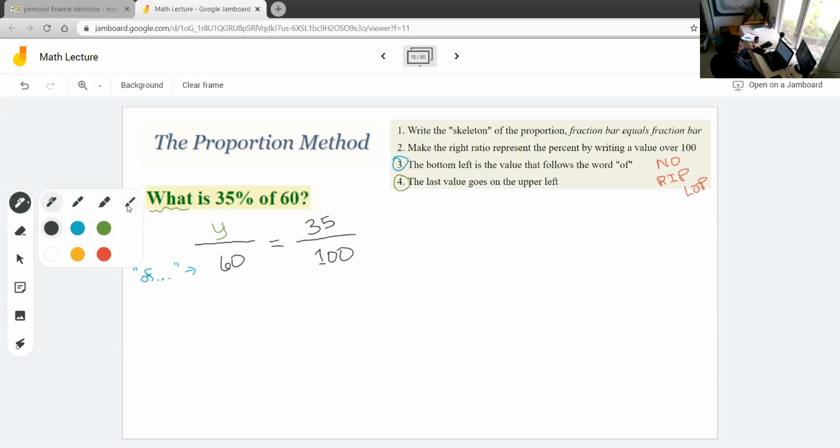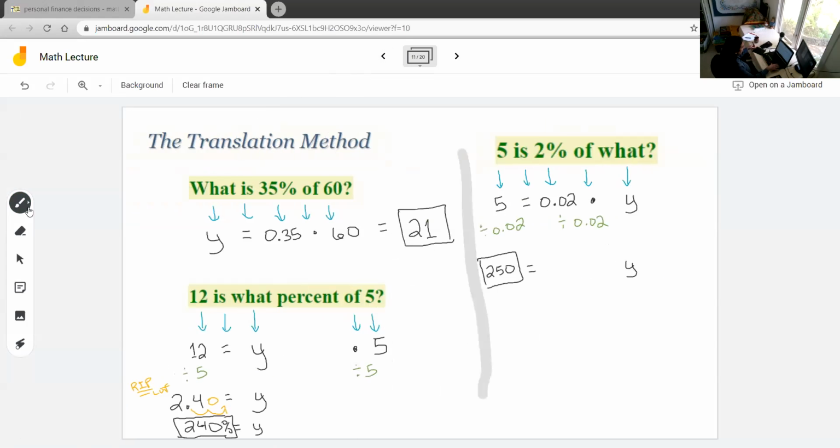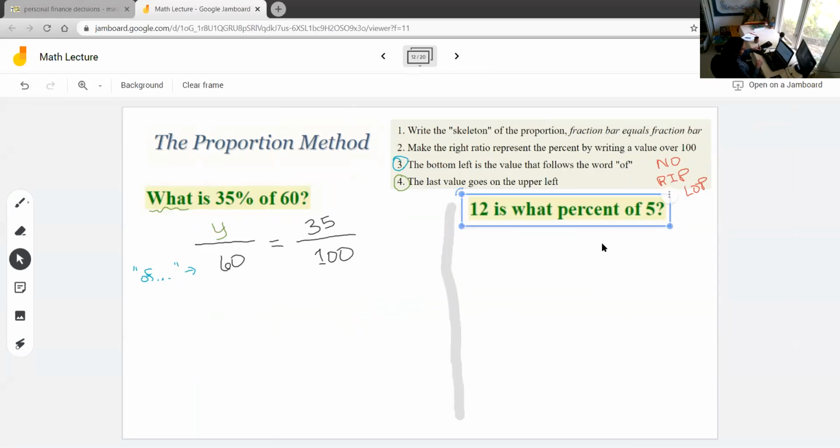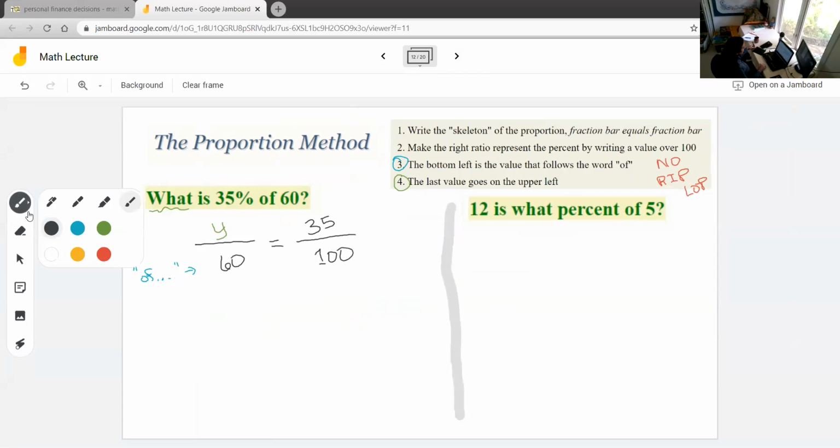Let's set up the next one for a comparison before we actually finish the one we did. We do need to finish this and get to 21, but let's do this one also. So first step, fraction bar equals fraction bar. Second step, find the percent.